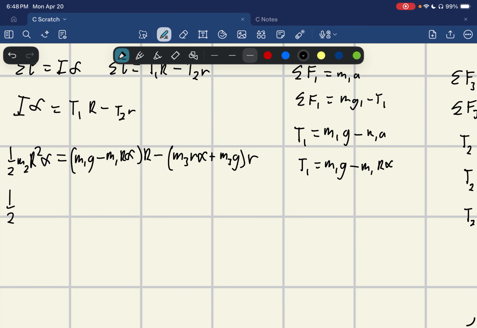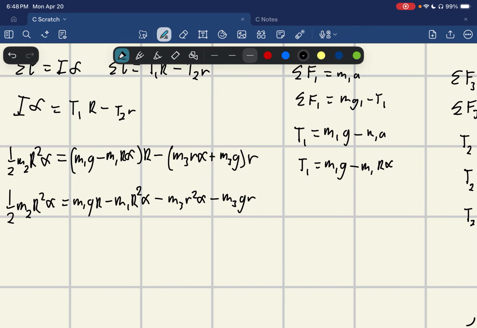So we have 1/2 M2 big R squared alpha is equal to M1G big R minus M1 big R squared alpha minus M3 little r squared alpha minus M3G little r.